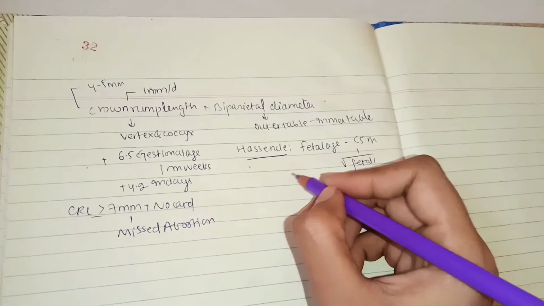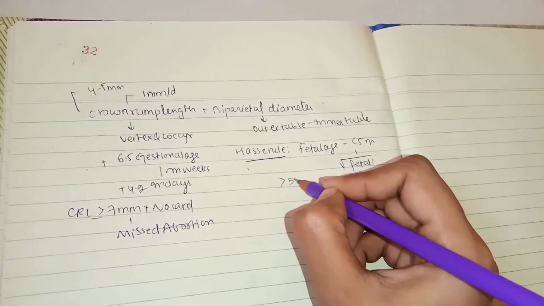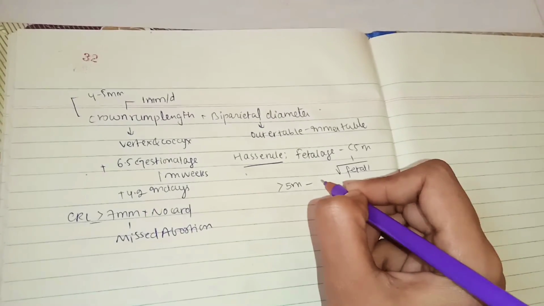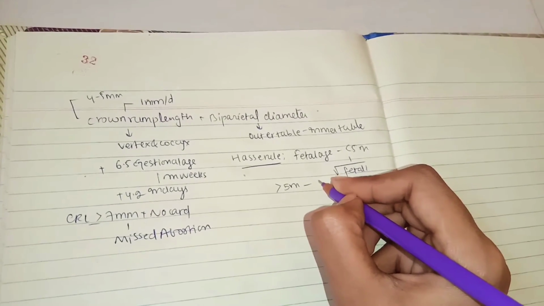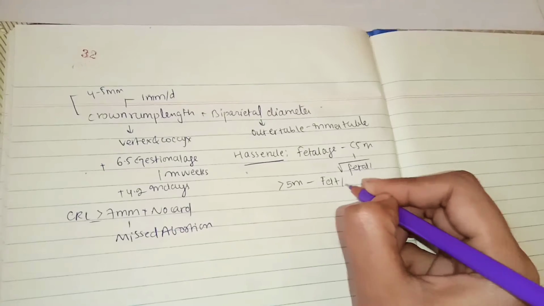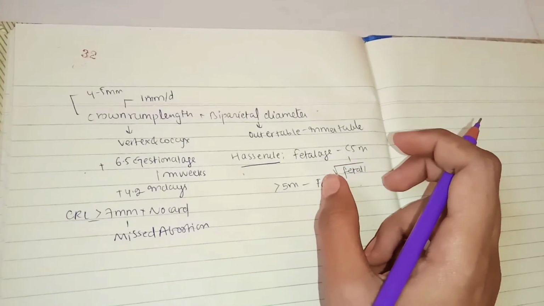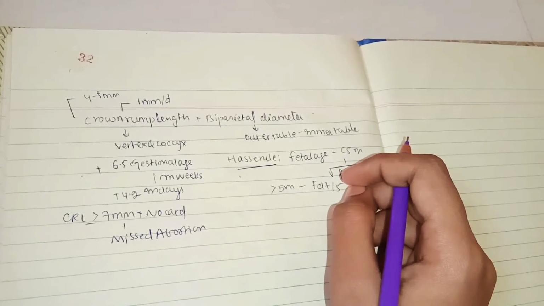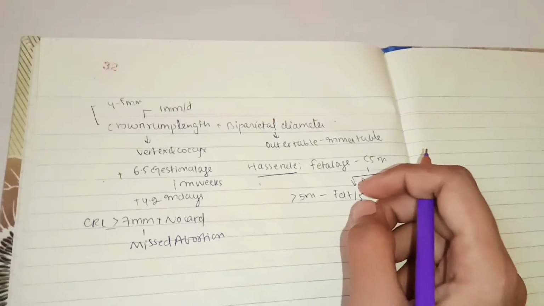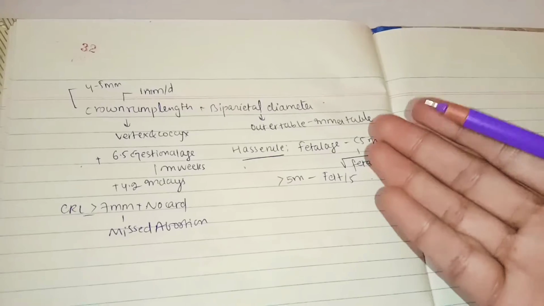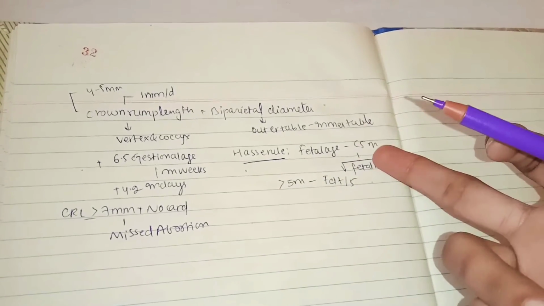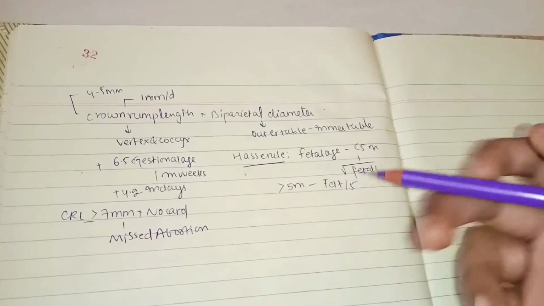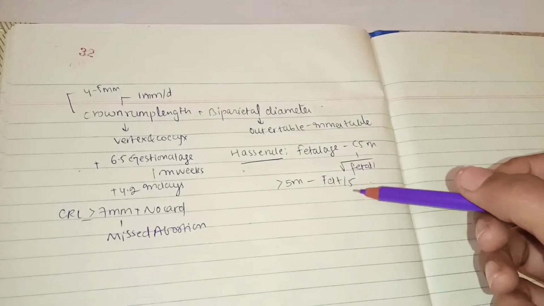And if the fetal age is greater than 5 months, then you need to do fetal length divided by 5. Okay, so like this you can determine the gestational age. So if the pregnancy is less than 5 months, you square root the fetal length. If the pregnancy is greater than 5 months, do fetal length divided by 5.